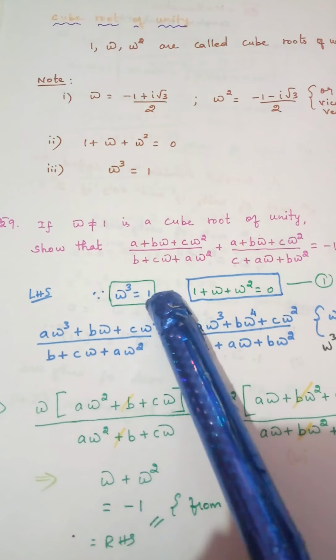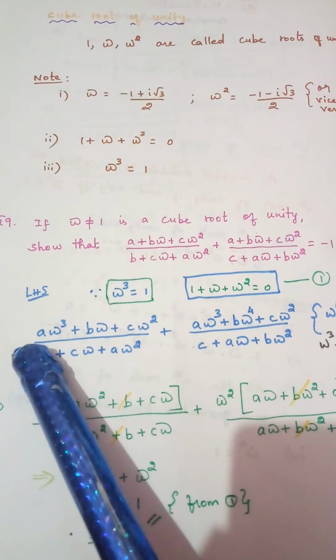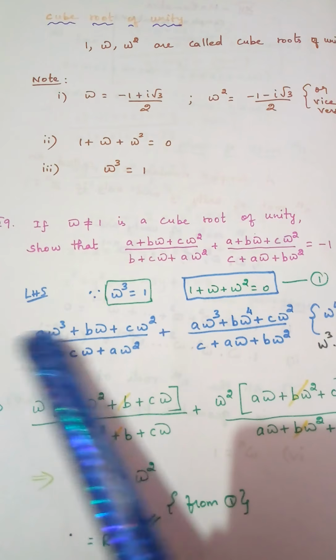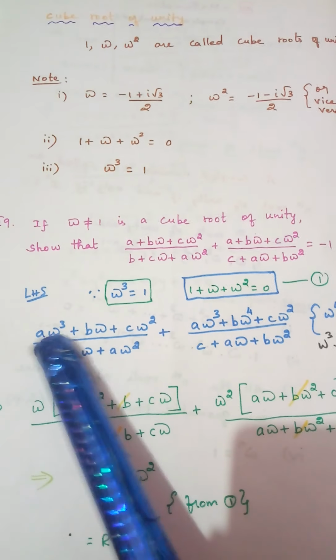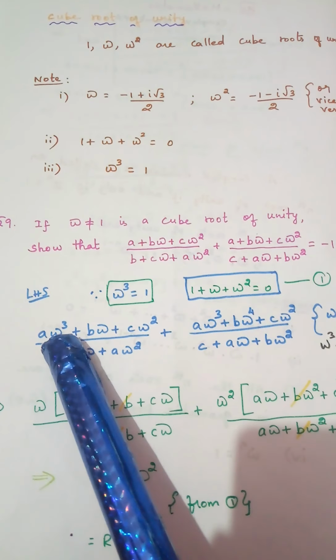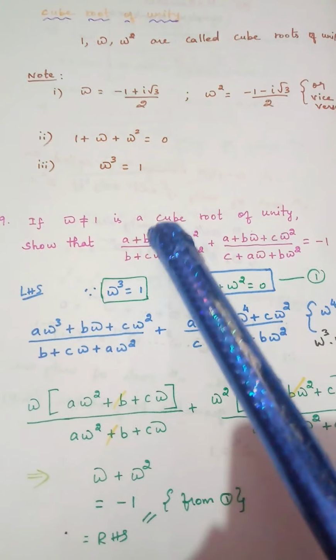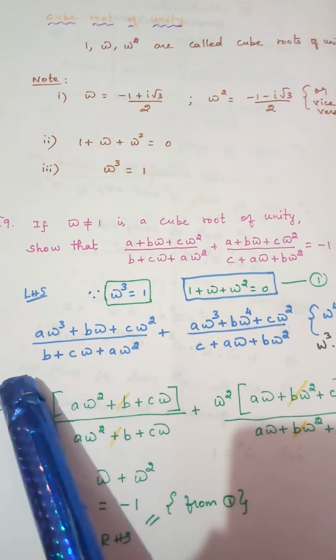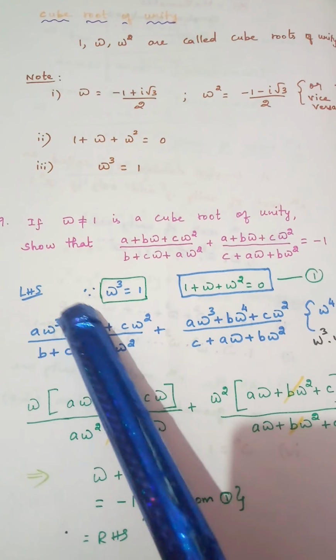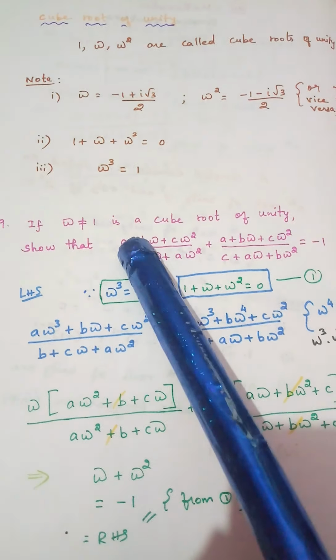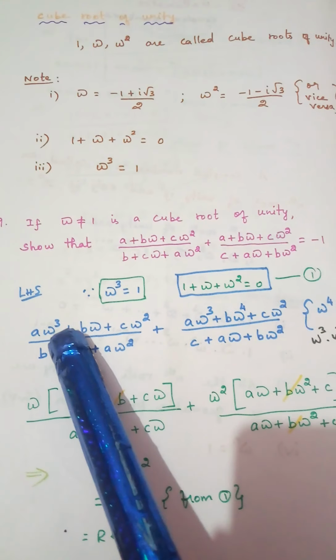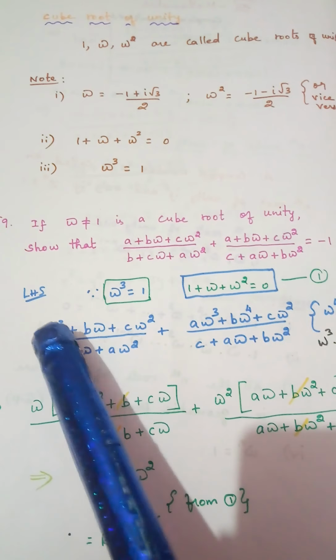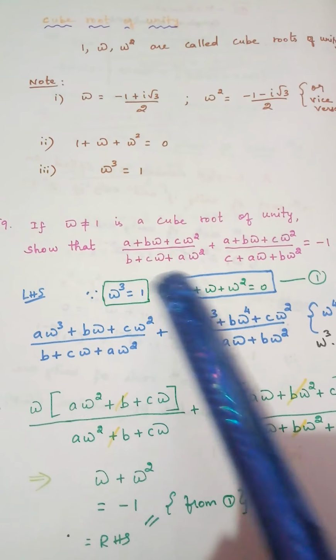So instead of writing a, I can write a omega cube. Nothing wrong in it, because a into 1 is a. I think you will understand. The remaining I have written b omega plus c omega square. Denominator I have not done anything. The only change I have made is, with a I have joined omega cube. There is nothing wrong in it because omega cube value is 1.